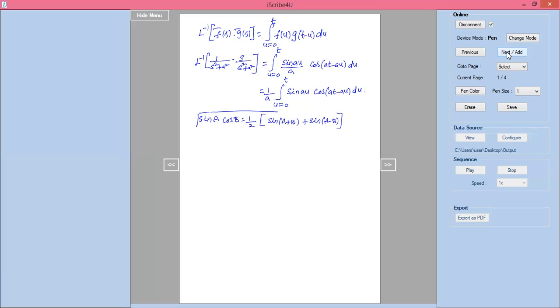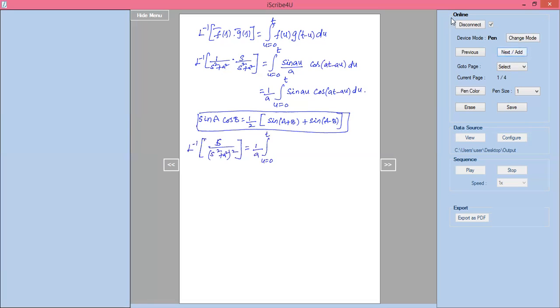If we apply this formula, L inverse of S divided by S square plus A square whole square equals 1 by A into the integral from u equal to 0 to t.